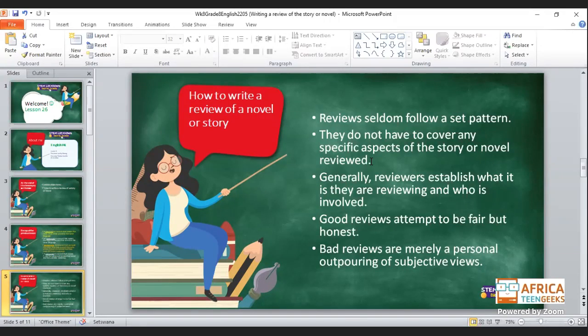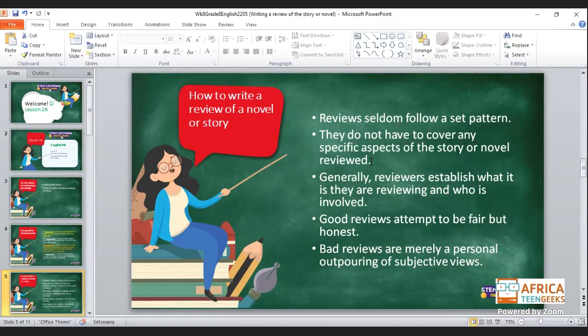Remember also from the previous lesson when we talked about the features of literature texts, I think it was in lesson 23 or lesson 24. All those features of the literature text really have to be somewhere in the review, because you will realize that without them, there is no story, there is no novel. Without characters, there's no novel, there's no story.